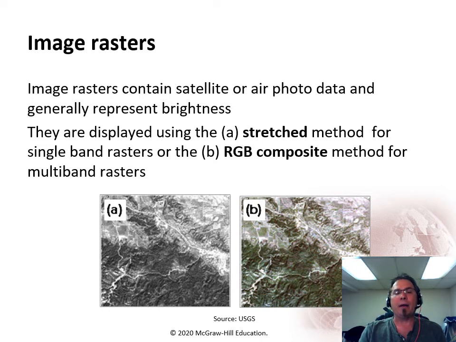Single band rasters are stretched sort of like black and white, whereas the RGB composite ones have 3 bands and allow you to do some pretty cool remote sensing stuff where you can mix and match the bands to get various different visualization techniques to look at things like how healthy the vegetation is, urban sprawl, ice, things like that.